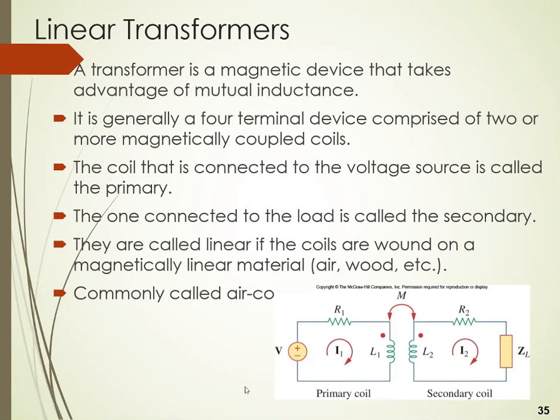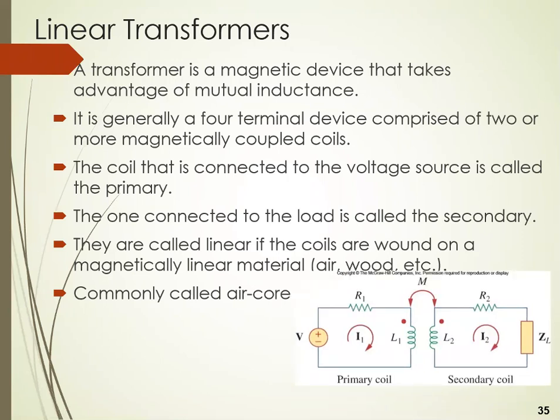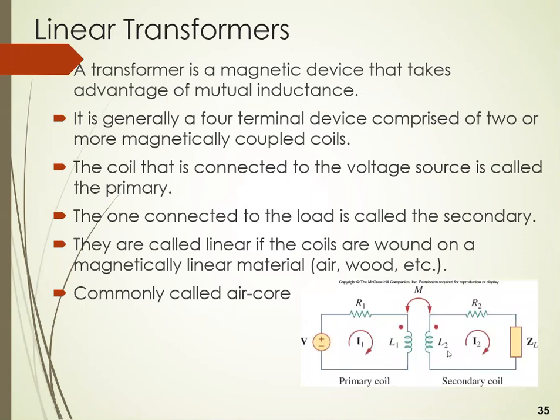These are called linear transformers if the coils are wound on a magnetically linear material. So if the material used is air, wood, or something like that, it's called a linear transformer. Linear transformers are also called air core transformers. It's another name associated with it. So air core transformer and linear transformer mean the same thing.